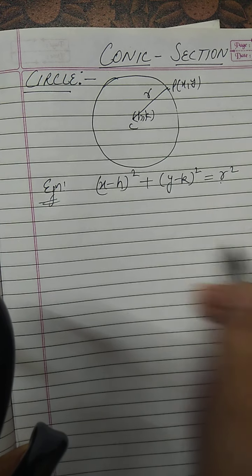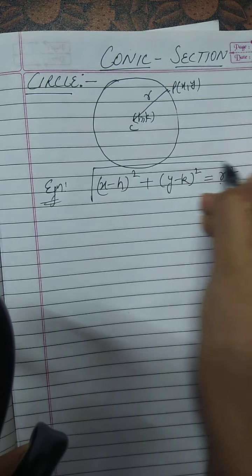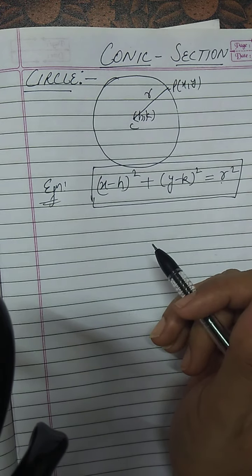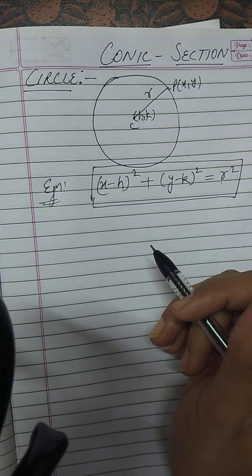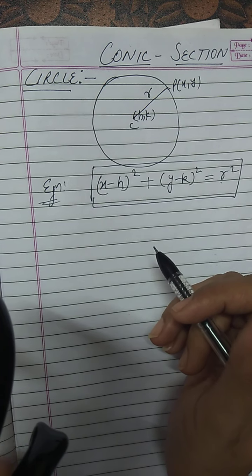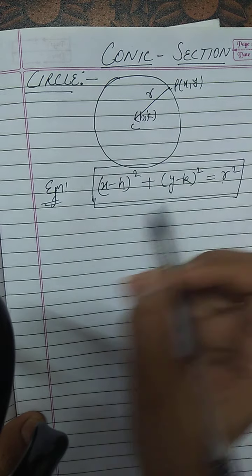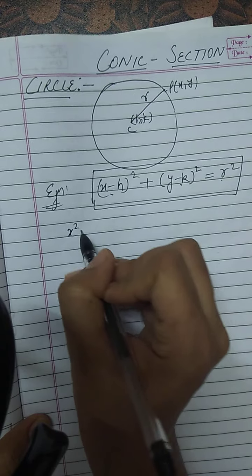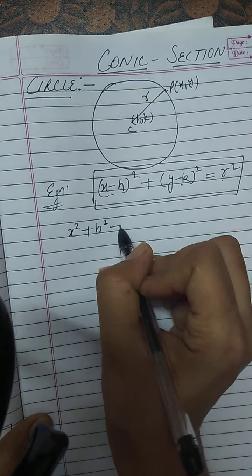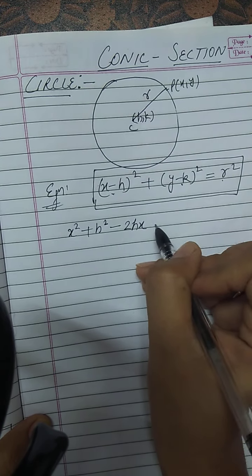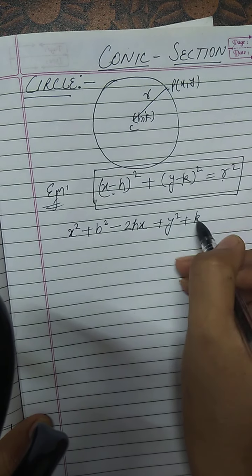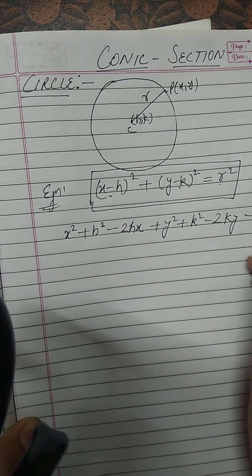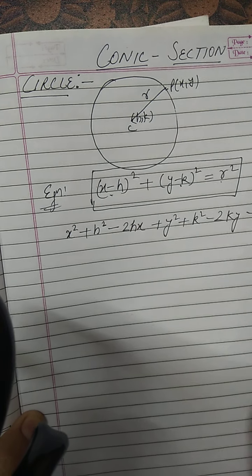Now, this standard equation we can convert into another form also. In a few books we find that form of the equation of a circle. If I expand using the identity (a minus b) square in both, we get x square plus h square minus 2hx plus y square plus k square minus 2ky minus r square equals 0.